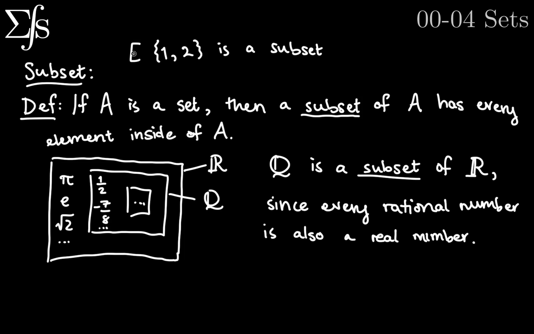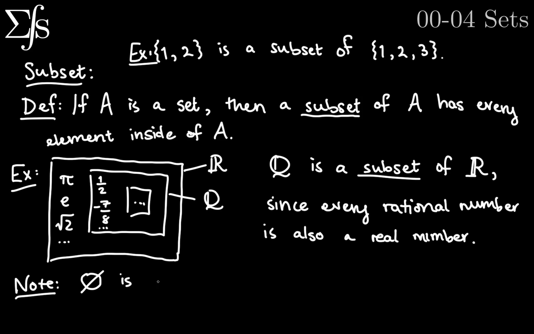So here's another example. This was the first example. Here's the second one. {1, 2} is a subset of {1, 2, 3}. Okay? And as an interesting note, though I don't think you need to know this yet, the empty set is a subset of any set.